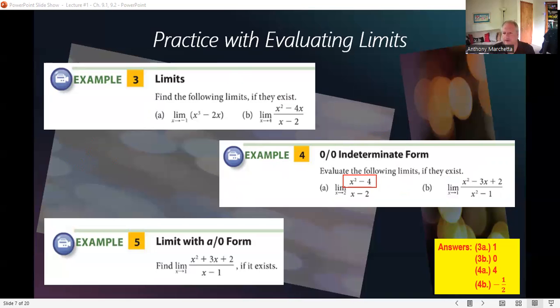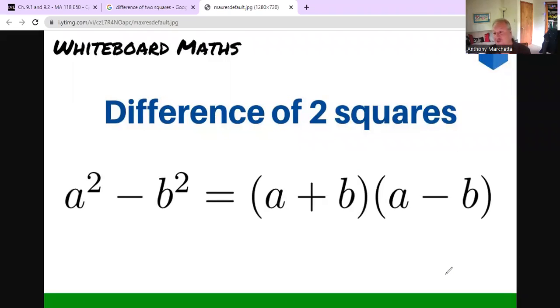Here we go. All right, let's share this. Here we go. Let's share this thing. Remember this monster? This is called difference of two squares. So if you're trying to factor and you see that you're subtracting two things and they're both able to be rooted, like x squared minus 9, right?